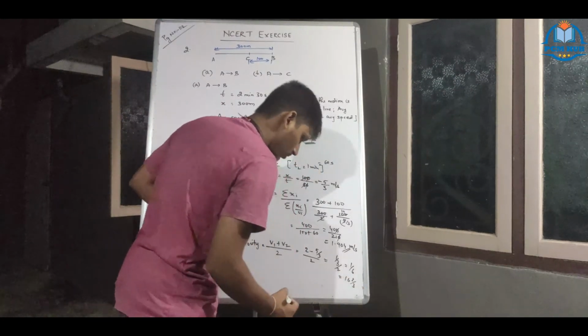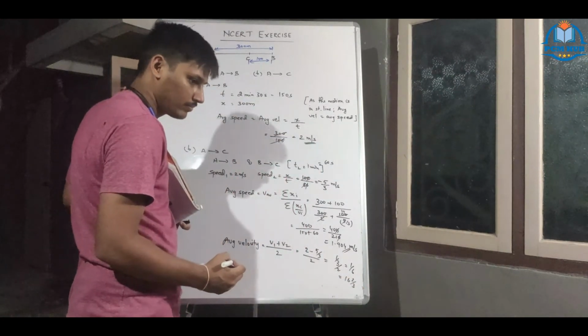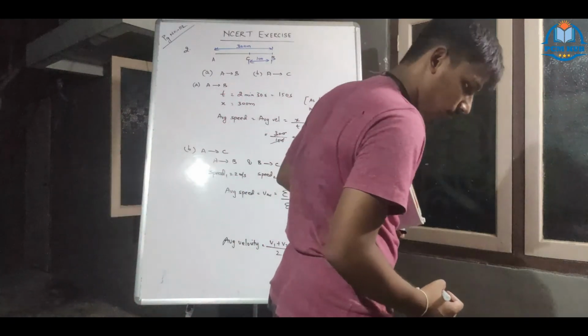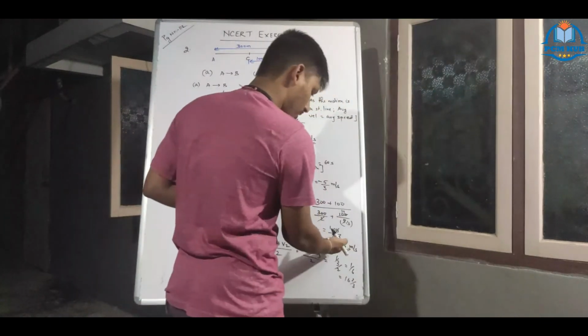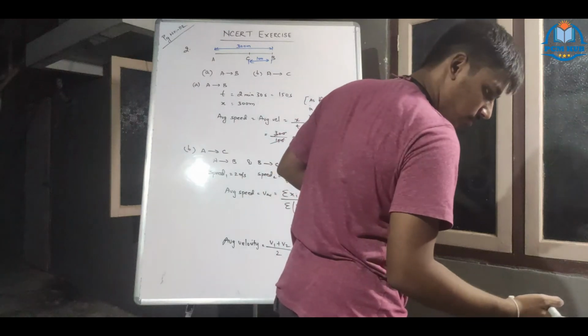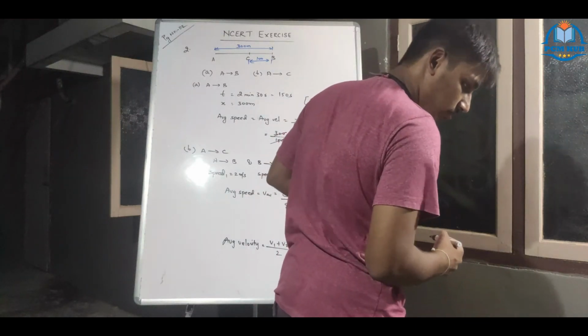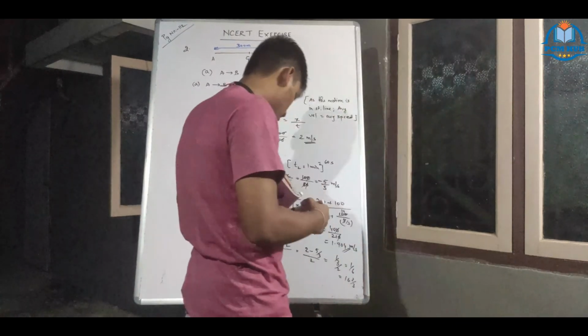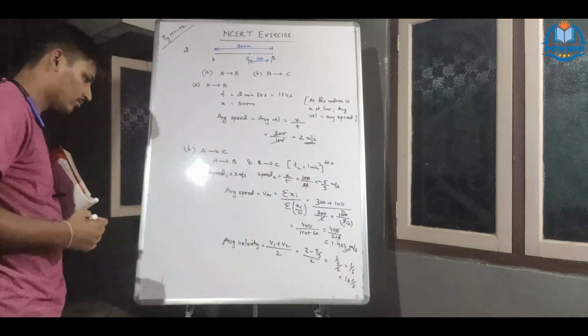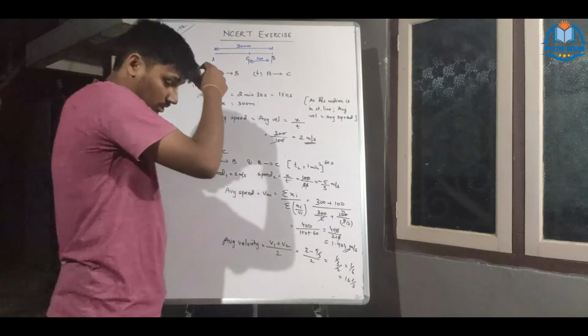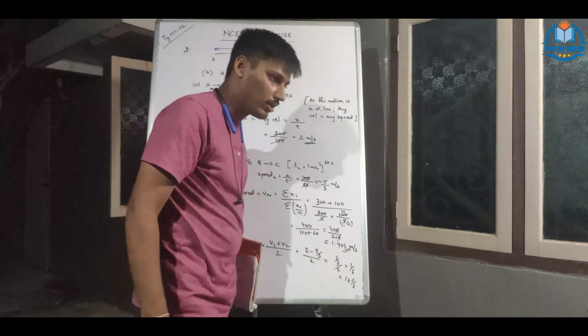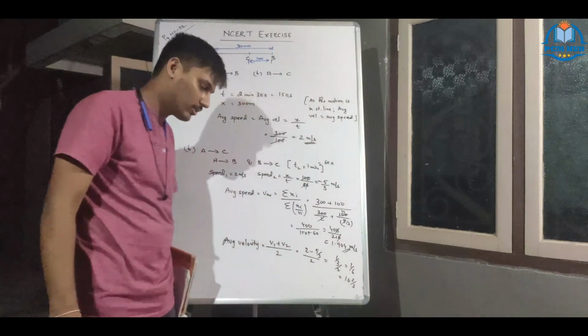Average speed is 1.90 meters per second, and velocity 0.952? The average velocity formula is v1 plus v2 by 2 only. There is no change in that formula.